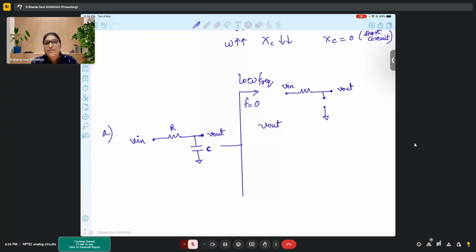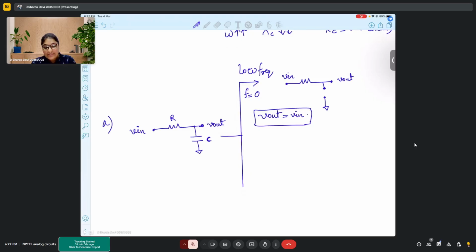You will get Vout equal to Vin, because here it is an open circuit situation, so there won't be any current flow through the resistor, and there is no drop across the resistor. Since there is no drop across the resistor, ideally what we would get is Vout equal to Vin, right? So this is the condition for low frequencies.